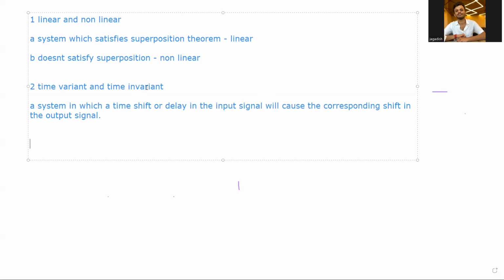If I have a delay in this input signal, y of n minus n naught, the corresponding output signal also will have the delay. That is the meaning of a time invariant system.